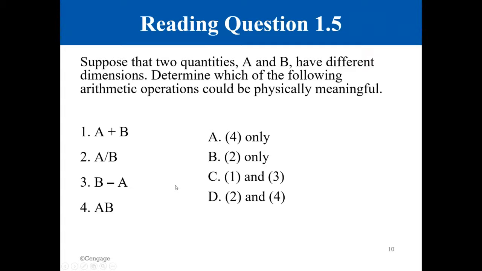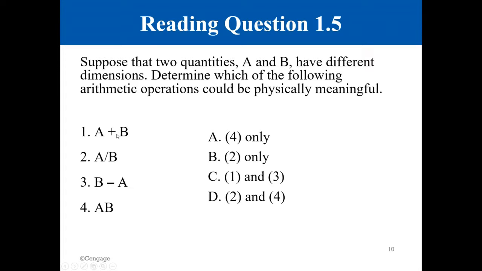The last of these questions: suppose that two quantities A and B have different dimensions. Determine which of the following arithmetic operations could be physically meaningful. We are talking about two quantities that have different dimensions. Can we add eggs to oranges, like adding A to B, say A number of eggs, B number of oranges? The answer, of course, is no, you cannot add two different things.